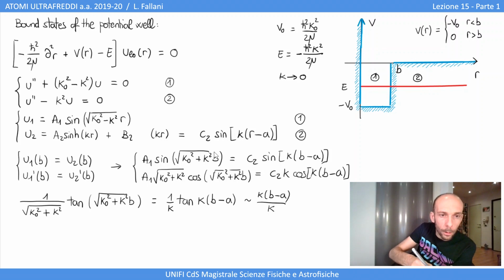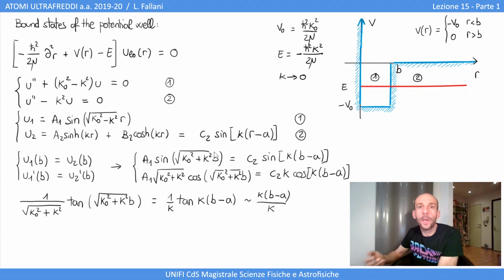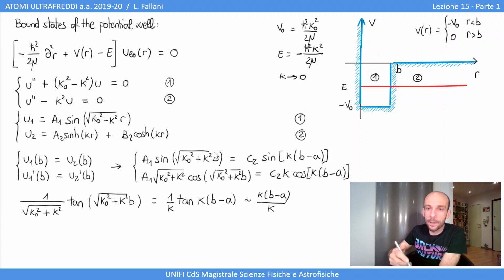Now we can take into account an obvious boundary condition, that is our requirement of a wave function to go to zero at large distances, because we want this wave function to be properly normalized, and so of course we want u2 to go to zero when r goes to infinity.